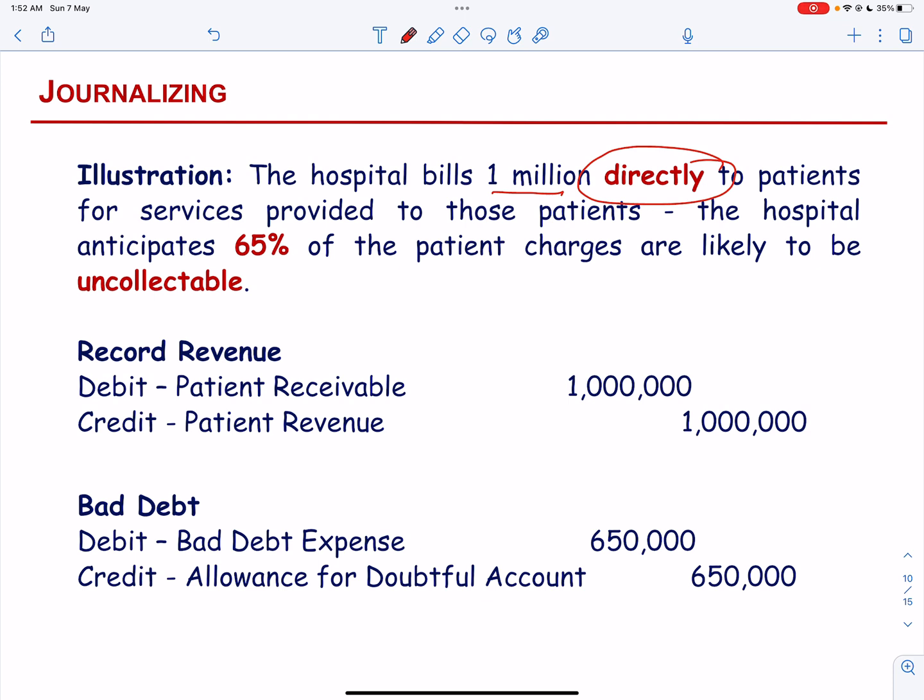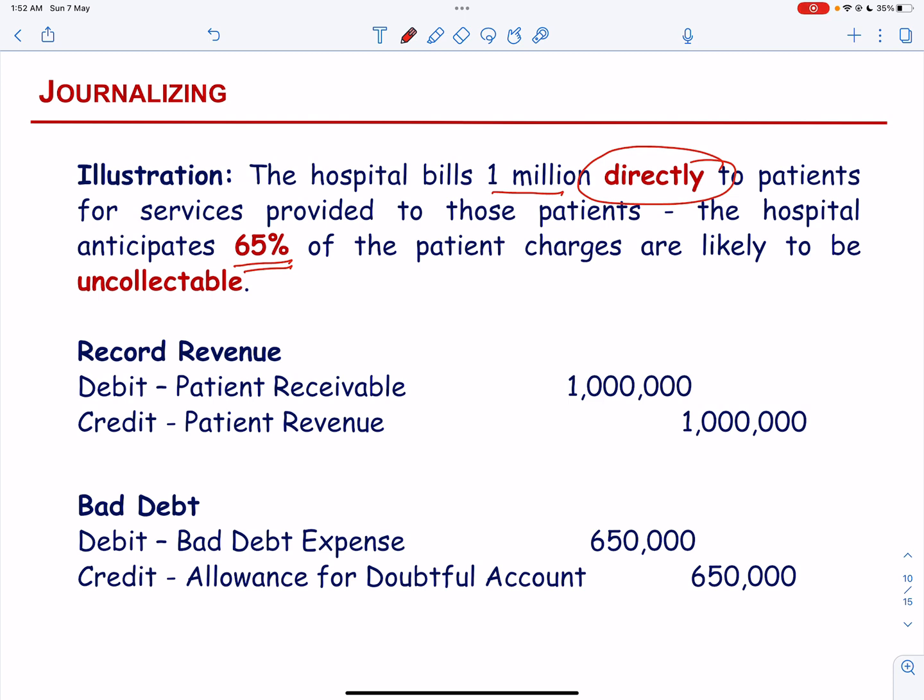Now, the difference here is that we are billing and no insurance is involved. The hospital anticipates 65% of the patient charges are likely to be uncollectible, and that's a high uncollectible rate, but that is how it happens in a hospital.